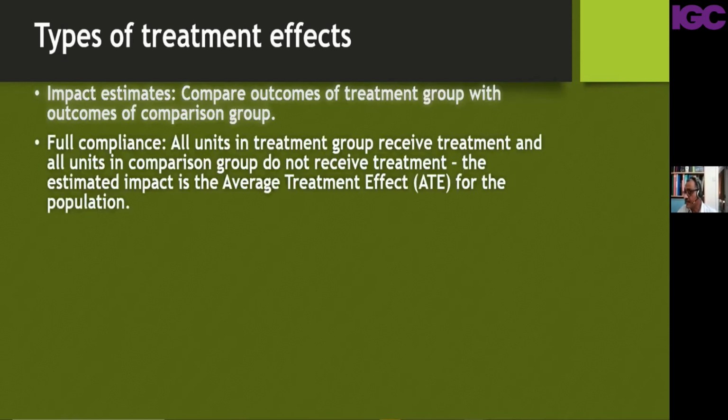Now, when you have full compliance, that is all the units in the treatment group receive the treatment, that is they participate in the program, and all the units in the comparison group do not receive the treatment, you have what is called full compliance. And in this case, the estimated impact is what is called the average treatment effect for the population. That is, the difference which you estimate in the outcomes of the treatment group and comparison groups gives you the average treatment effect for the population.